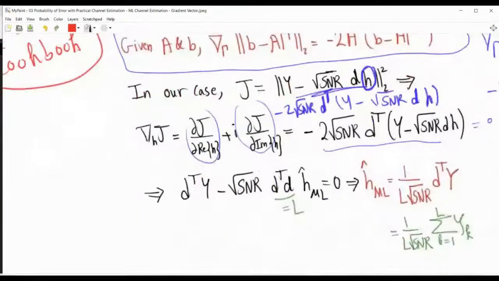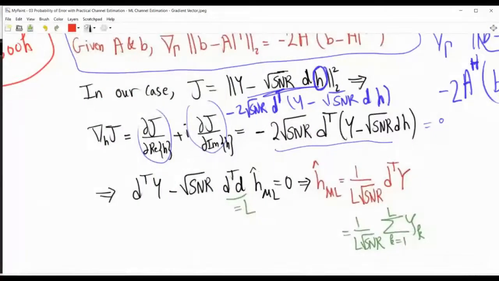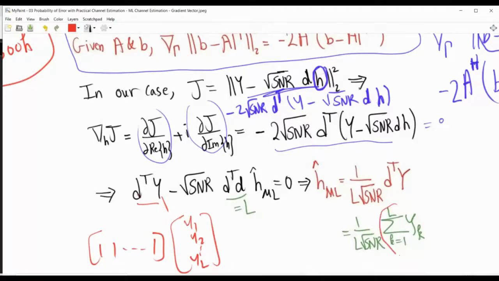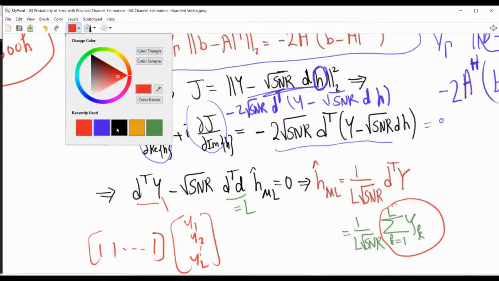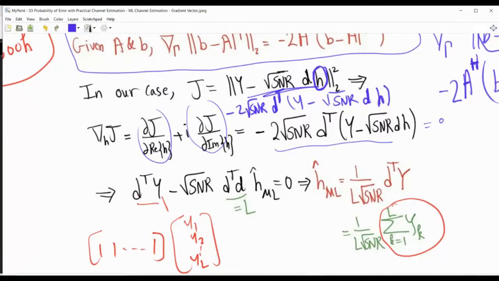Okay, let's go back to our problem. So equating this thing to 0, then we have d transpose y. Remember, what is d? d is the all-ones vector, and so this is 1s multiplied by y, like this. Those are the received signals corresponding to the pilots, and so d transpose y is basically the sum of the received observations corresponding to the pilot symbols.